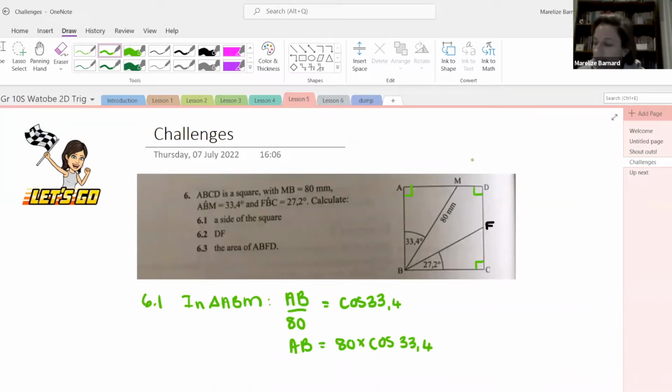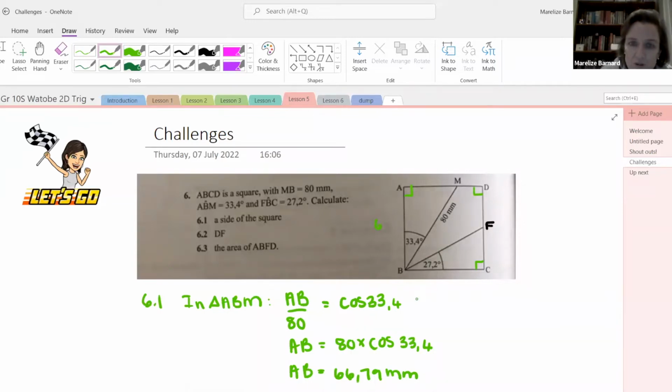Please put your answers in the chat, everyone. Okay, nice. Quite a few of you have worked it out. So AB is equal to 66.79 millimeters. Okay, well, that's useful.